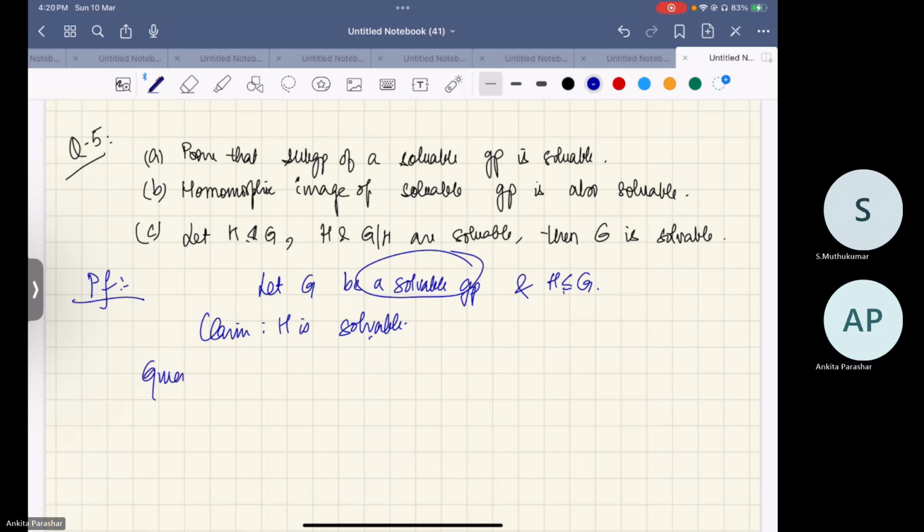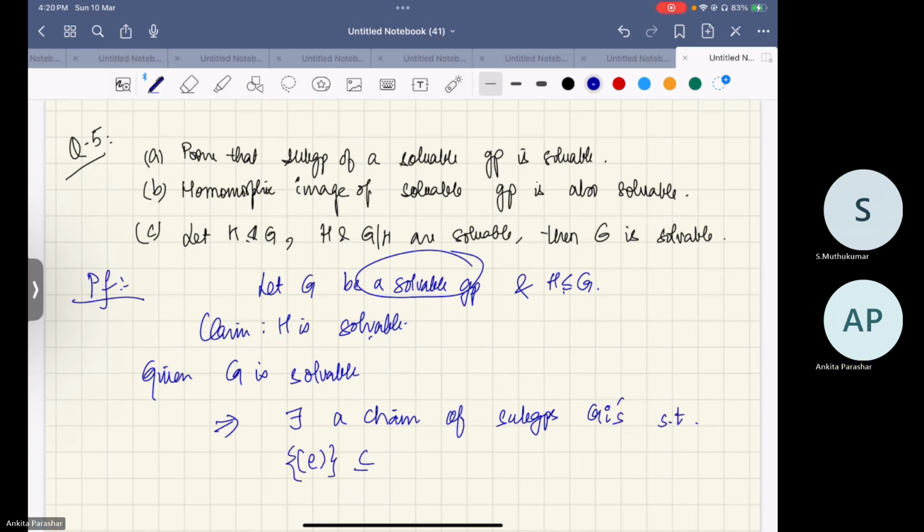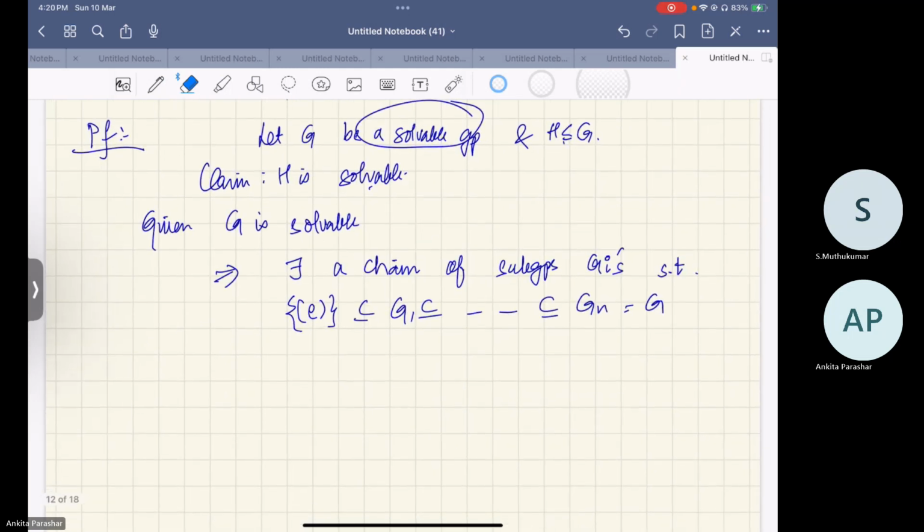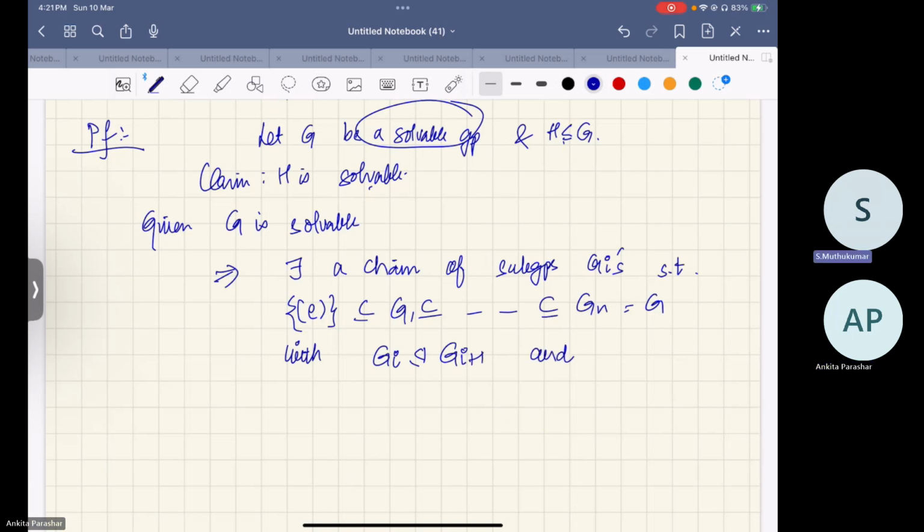Given G is solvable, that implies that there exists a chain of subgroups G_i such that... what is the property on G_i? Each G_i is normal in G_{i+1} and G_{i+1} by G_i is abelian.